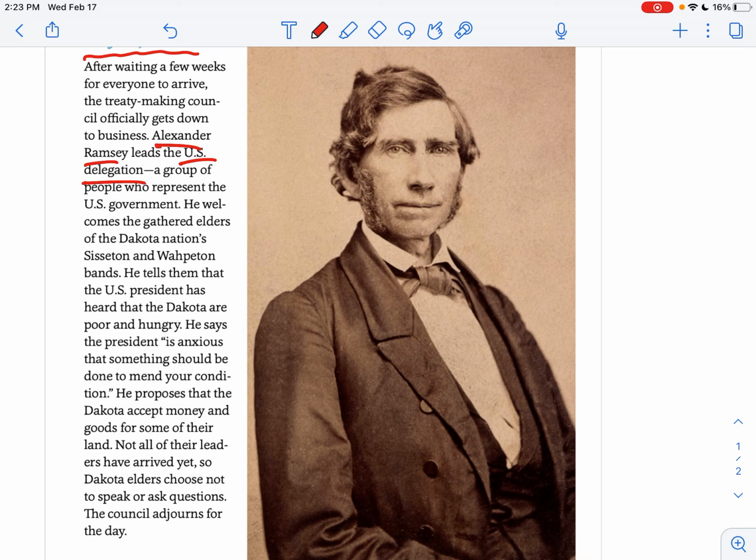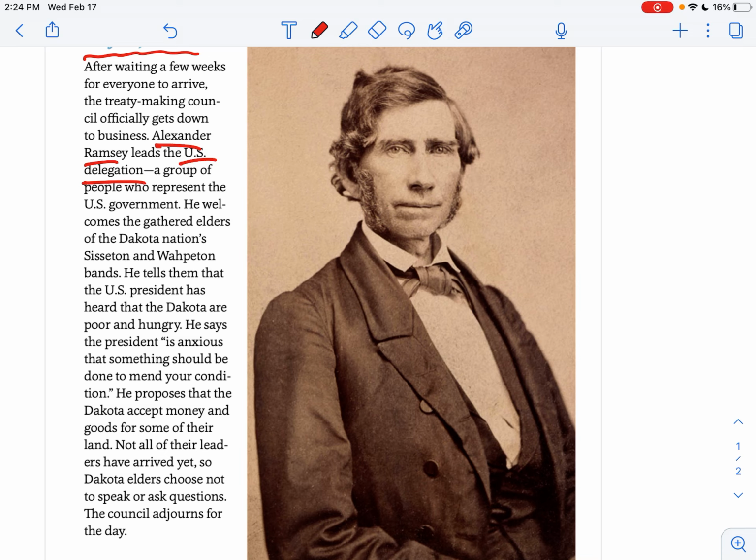Now, the Dakota family, the Dakota group of Native Americans were split up into 7 individual groups, and these groups were called bands, B-A-N-D-S. Not groups, but bands. So, here they had 2 of the 7 groups, the Sisseton and Wahpeton bands.